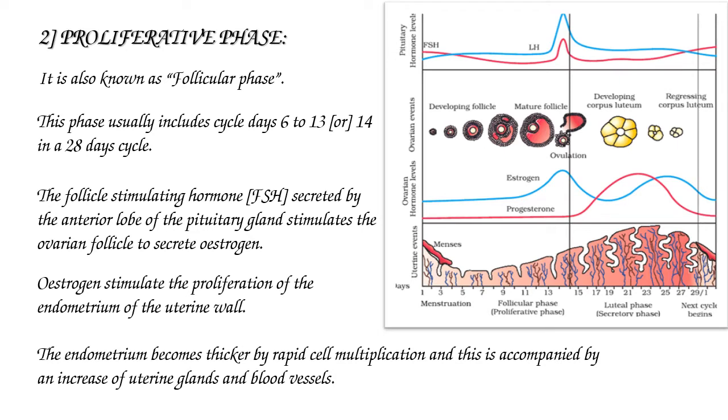So let's observe the proliferative phase in the diagram. Now, we already discussed that the first day to the 5th day, this region, is called the menstruation phase. Now the proliferative phase starts from the 6th day to the 13th or maybe 14th day, up to here.